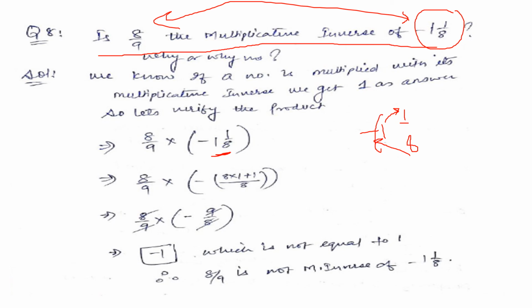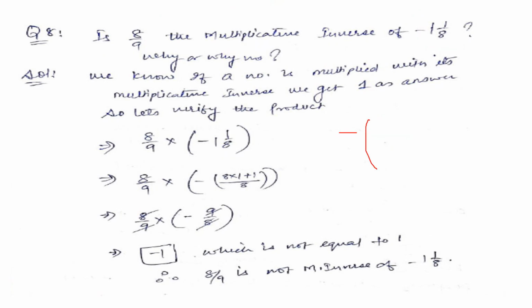Before that, let's make it like this. We have the minus sign, then we have 1 upon 8. I have taken this negative outside. So what will happen? 8 ones are 8 plus the remainder, that is 1 upon 8. It comes as 9 upon 8. So we have minus 9 upon 8 as the solution of that mixed fraction.